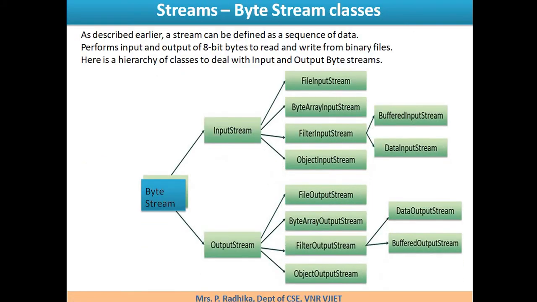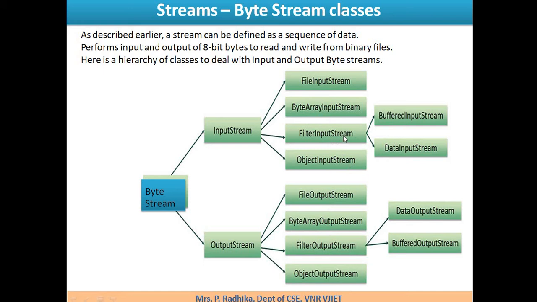Next, what is the hierarchy of classes? ByteStream is divided into two streams. One is input stream, output stream. Input stream is again further divided into these four subclasses: file input stream, byte array input stream, filter input stream, object input stream.